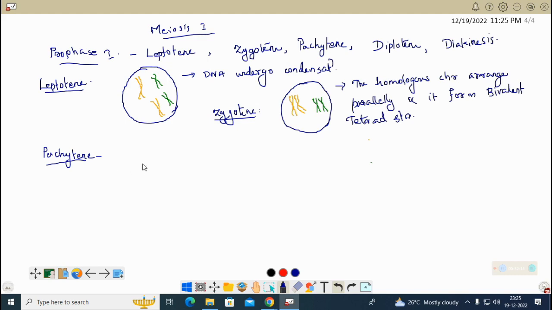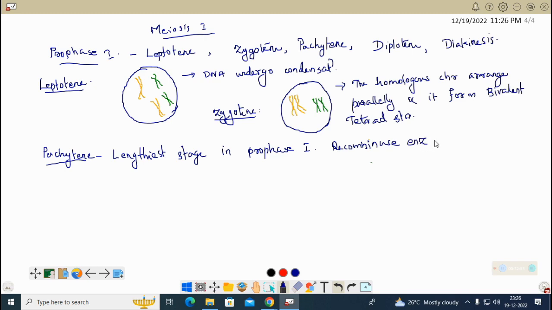So Pachytene stage is where the major process occurs, that is recombination. Recombination occurs between the non-sister chromatids of homologous chromosomes in the Pachytene stage, the lengthiest stage in prophase 1, where recombinase enzyme will be expressed.